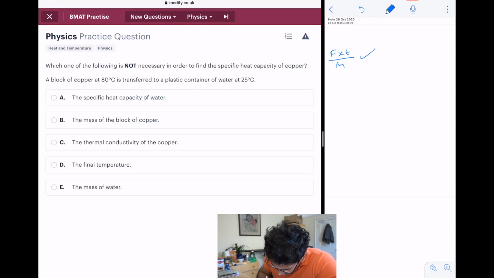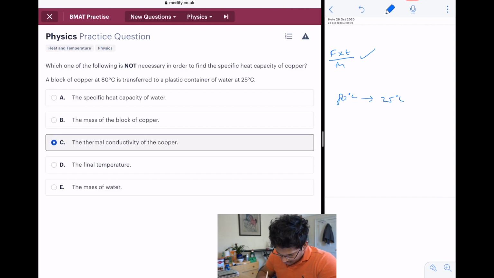Which of the following is not necessary in order to find the specific heat capacity of copper? To find the specific heat capacity of copper, a block of copper at 80 degrees Celsius is transferred to water at 25 degrees Celsius. You would not need to know the thermal conductivity of the copper.